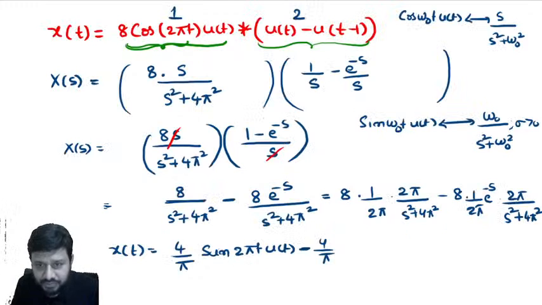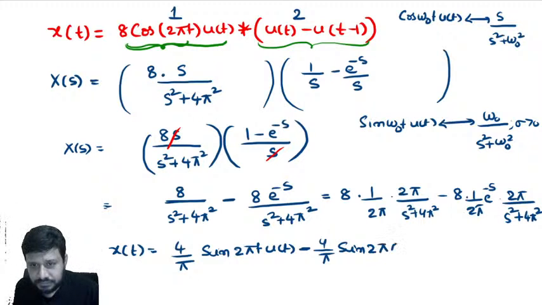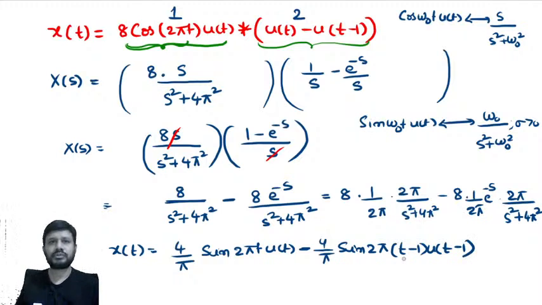So the inverse becomes minus 4 by pi sin 2 pi into t minus 1 u of t minus 1. Hope everybody is comfortable.